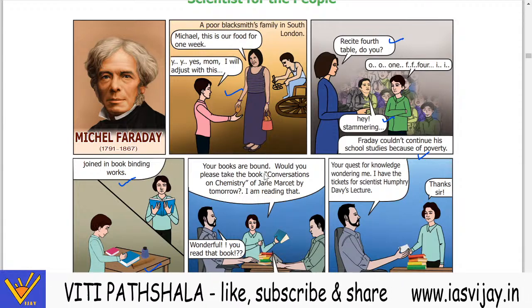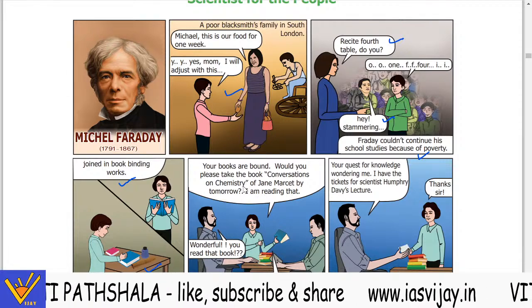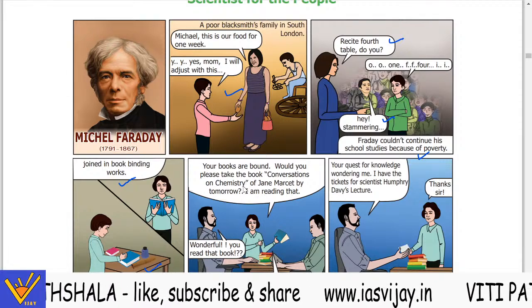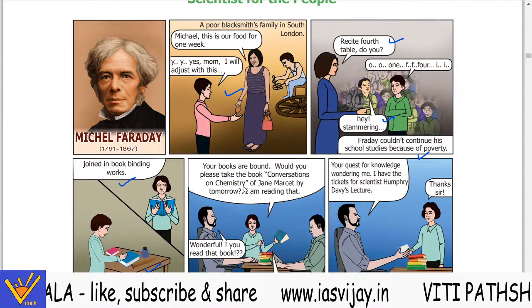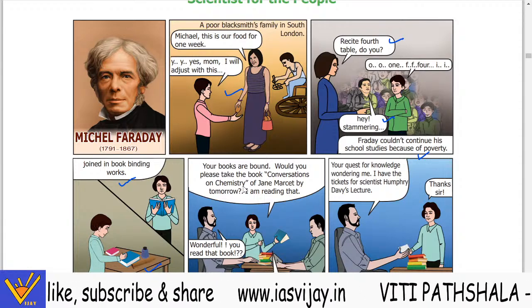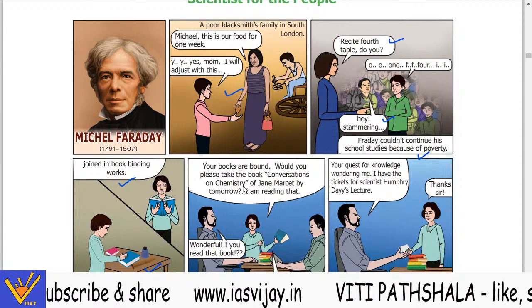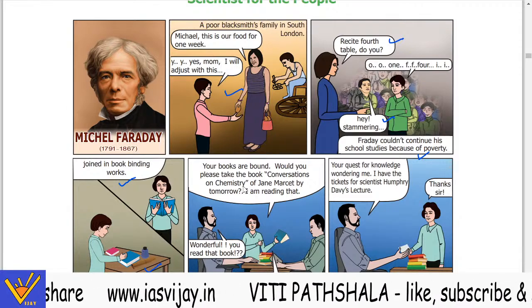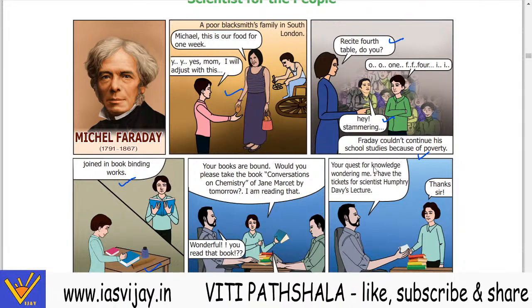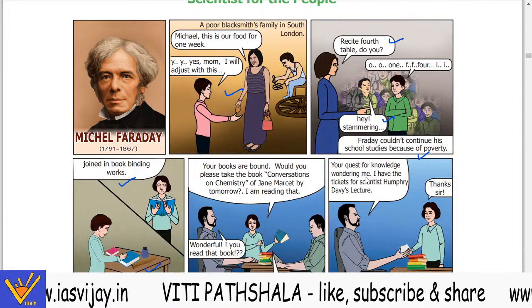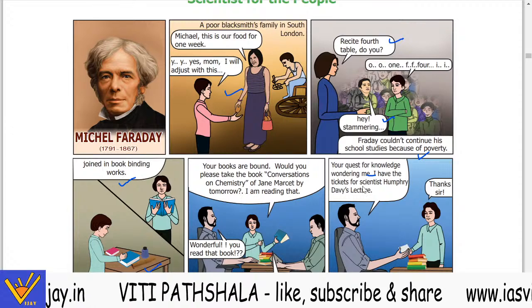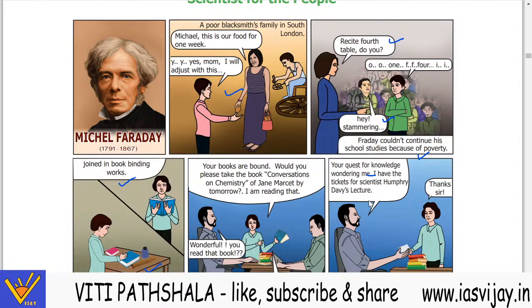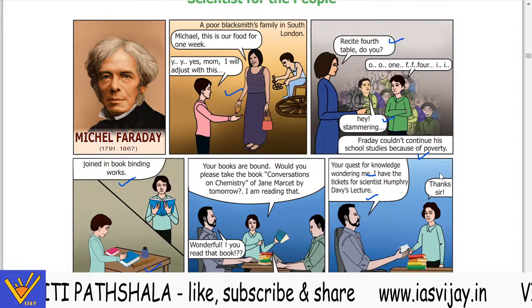Your books are bound. Would you please take the book Conversations on Chemistry by Jane Marcet by tomorrow? I am reading that. Wonderful, you read that book. Sir, I did those experiments too. Your quest for knowledge is wondering me. I have the tickets for the scientific Humphry Davy lecture. Thanks, sir.